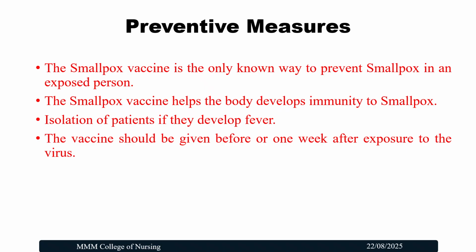Anyone who had contact with someone who had smallpox would need a smallpox vaccine. A vaccine can protect you from getting sick or cause you to get less sick from smallpox. The vaccine should be given before or within 1 week after exposure to the virus.